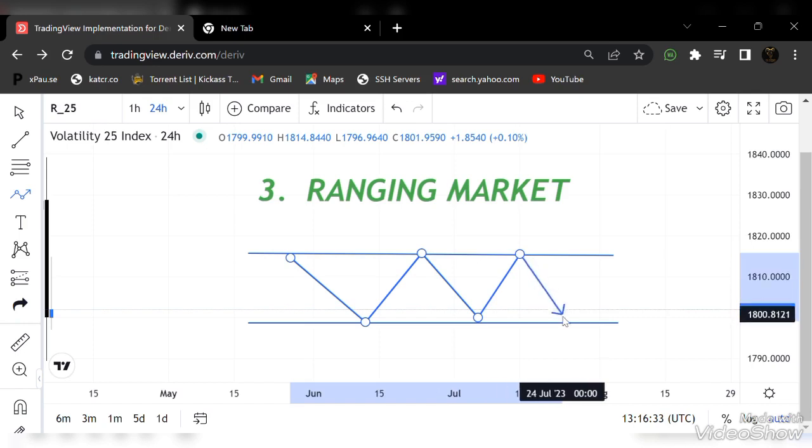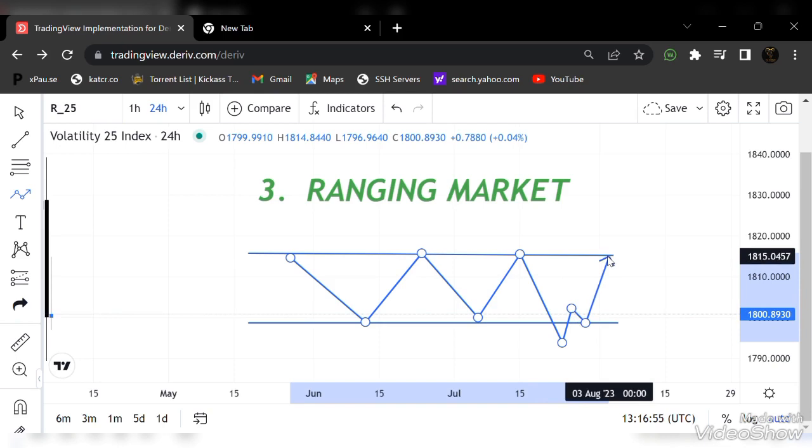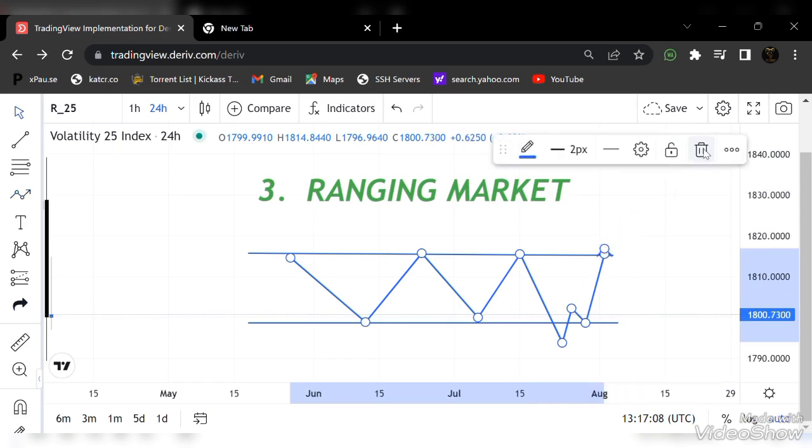If you are trading a breakout, the market might create a breakout, and then enter back into the channel, and then it goes up. So you need to be careful when you are trading a ranging market, and you need other confluences for you to enter, right?